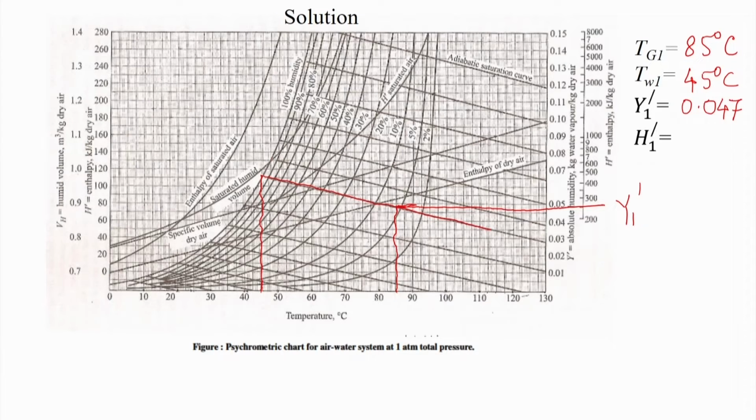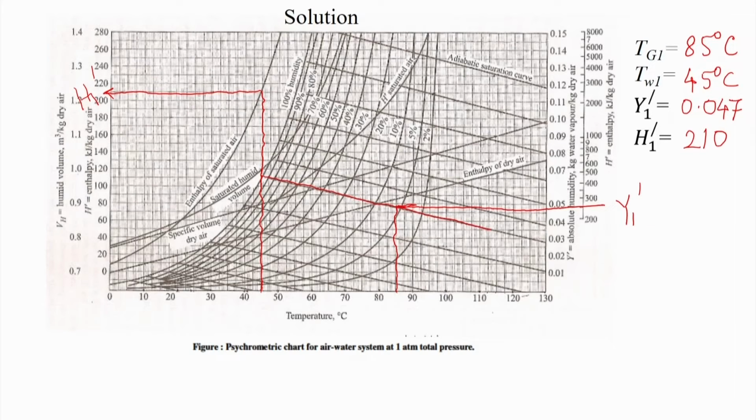If we move in the vertical direction at the wet bulb temperature until it reaches adiabatic saturation, from there we get the enthalpy of the air entering here, that is H1 prime. H1 prime is 210 kilojoule per kg dry air.